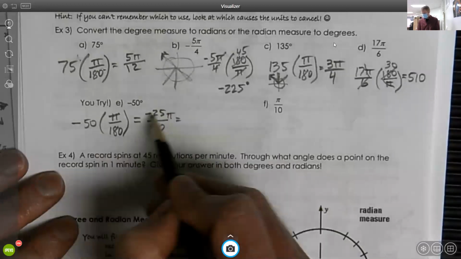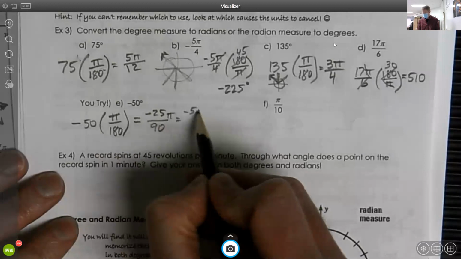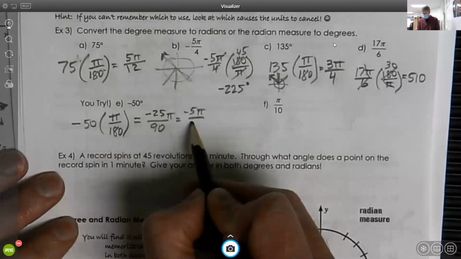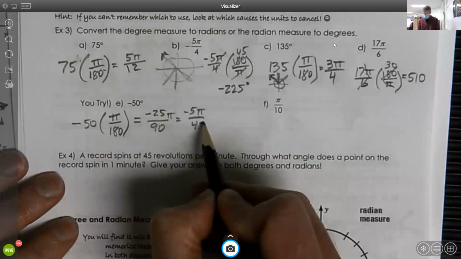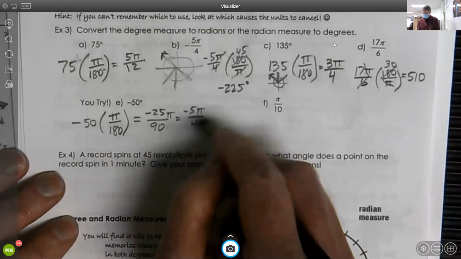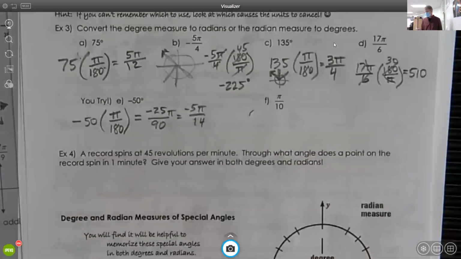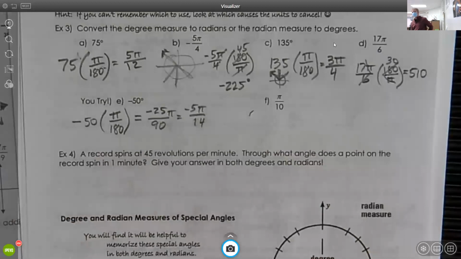So 5 goes into that 5 times, and 5 goes into that 18 times with 2 left over. Negative 5 pi over 18, actually. Okay, another number that is not on the unit circle.